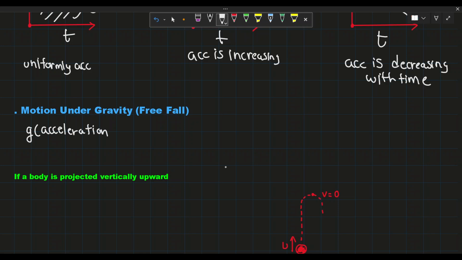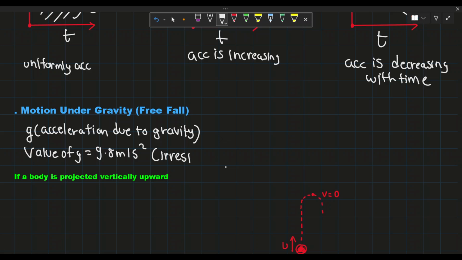The value of g is taken to be 9.8 meters per second square, and this value is found in all bodies irrespective of their sizes or their weight.